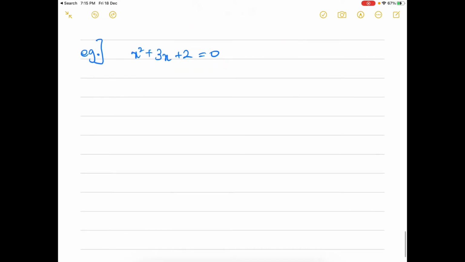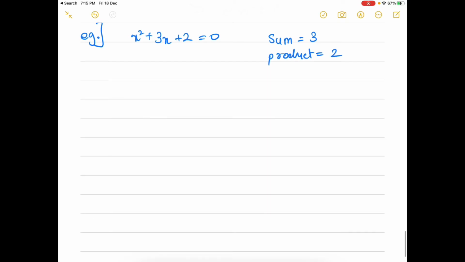Let's solve this. We have seen that the middle term should be split into two parts such that the sum should be equal to 3 and the product should be equal to 2. Which are these two numbers?